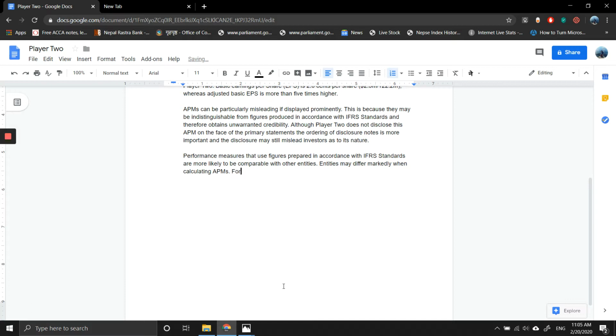For example, the types of adjustments made by Player 2 in calculating the adjusted basic EPS may differ from those used by other entities, hindering comparability.